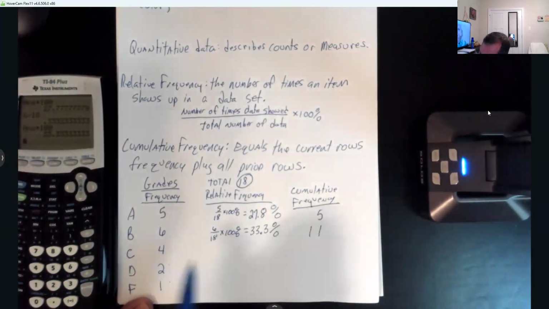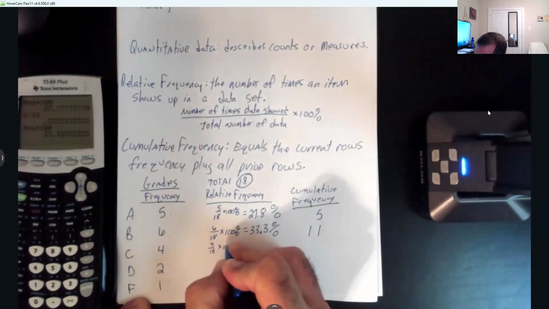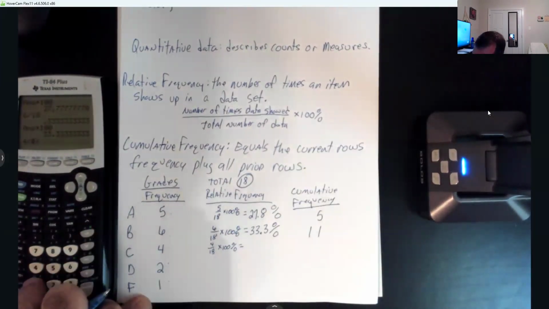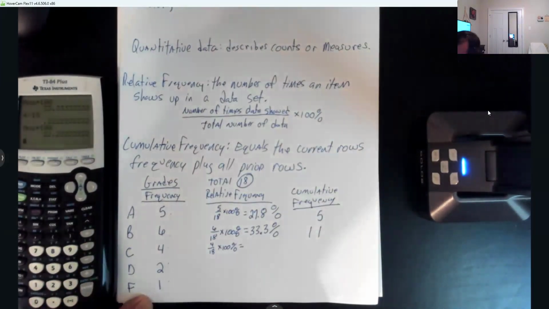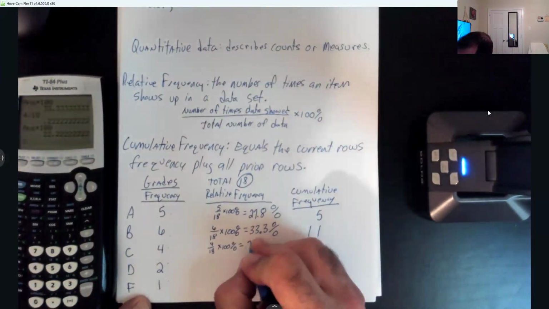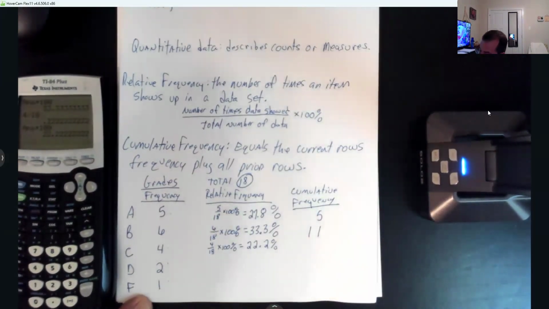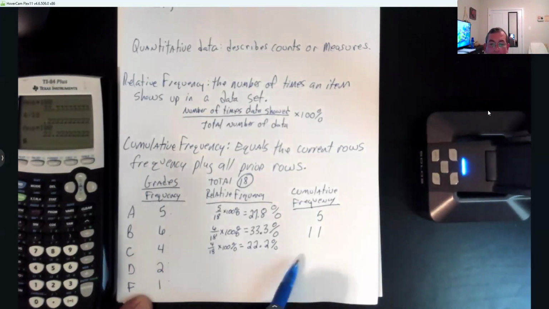All right, y'all, for C, we had 4. So that'd be 4 out of 18 times our 100%. So 4 divided by 18 times 100% gives us 22.2%. All right, cumulative frequency. The frequency of this row is 4.